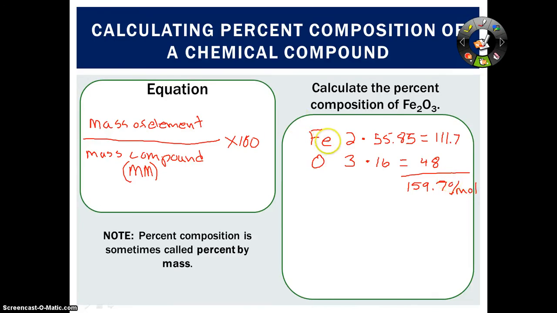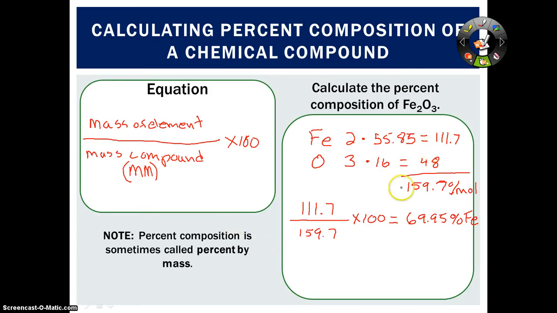Now to find the percent composition, to find the percent iron, I would do the mass of iron, all of the irons, so here, that's why I wrote it out like this, is 111.7 grams of iron out of the total 159.7 grams of the compound, times 100, which gives me 69.95% iron.